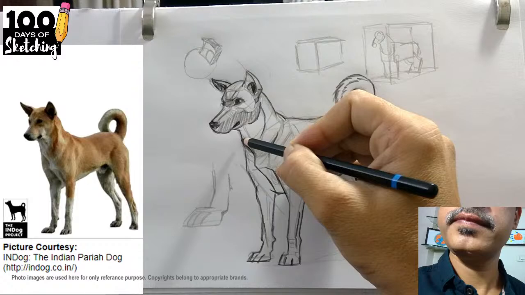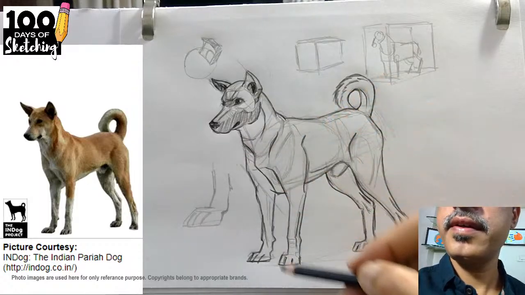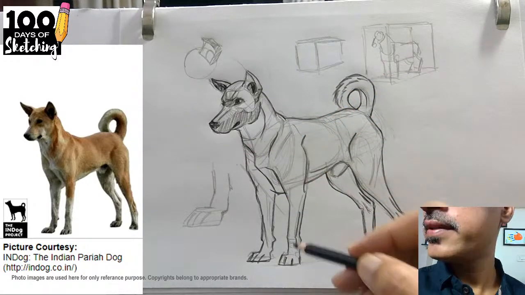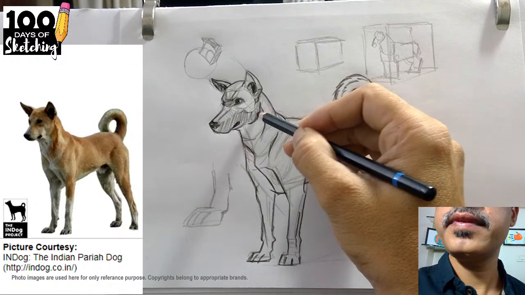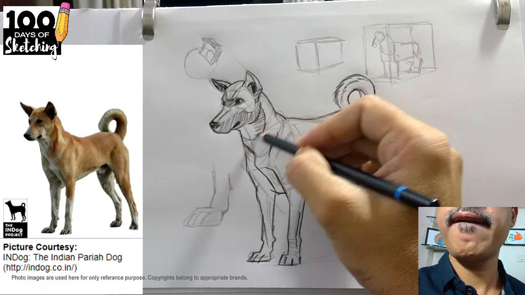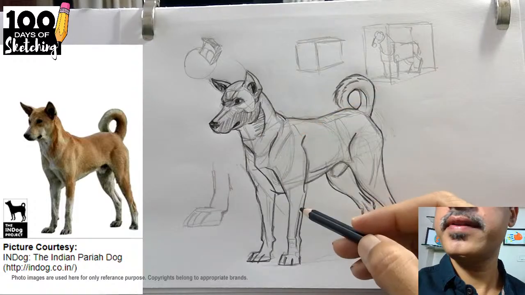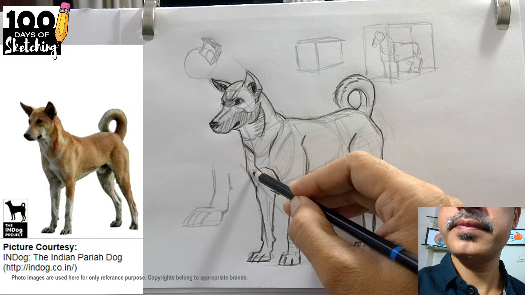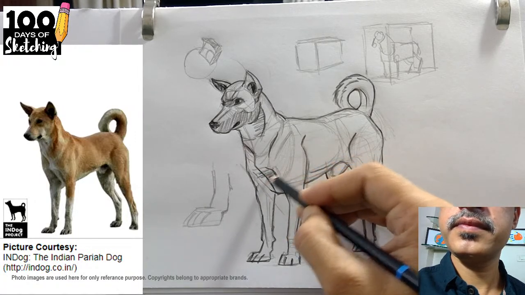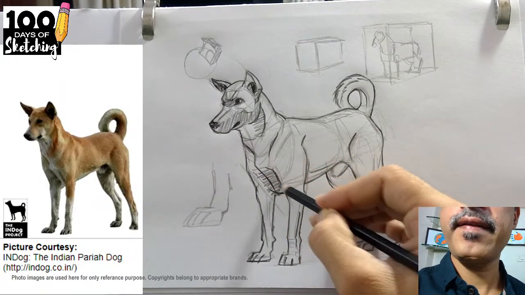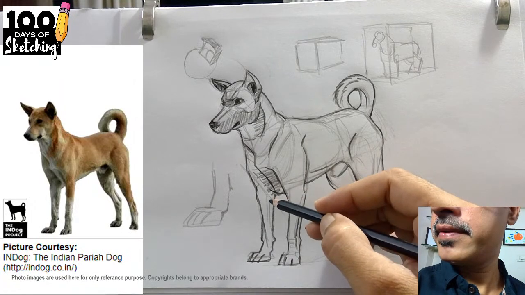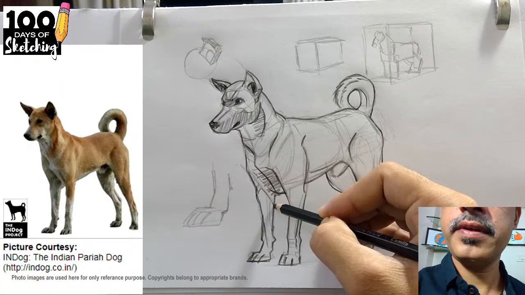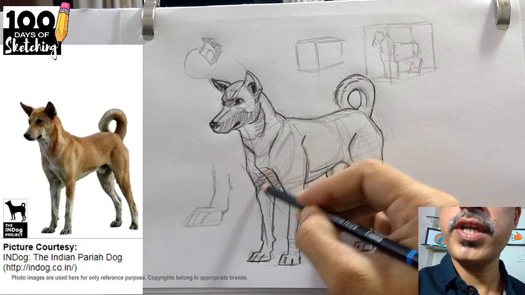This is very interesting. Again, that's body parts. Here, this portion will be in the shadows.